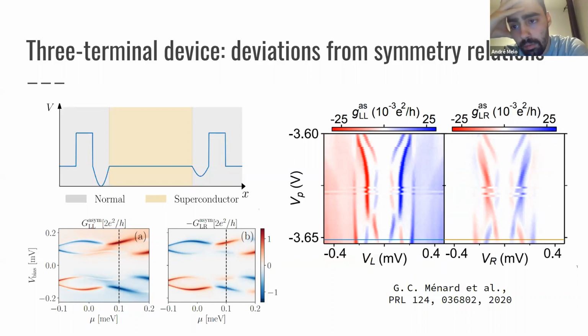Yes. Okay, and because everything that I send above the gap is going to be, let's say, transmitted as an electron. Mm-hmm. And what is not unitary then? Well, there you have single particle modes that can carry current, whereas below the gap you have Andreev reflection processes.